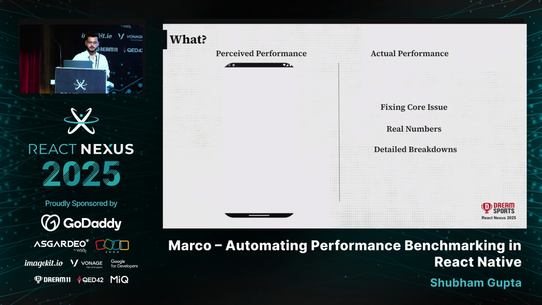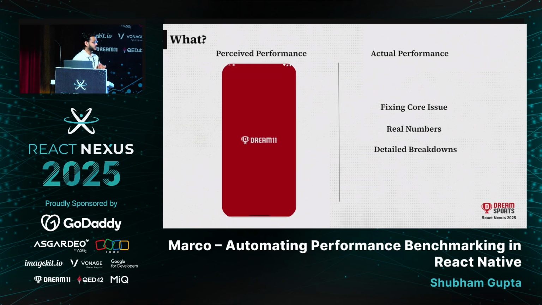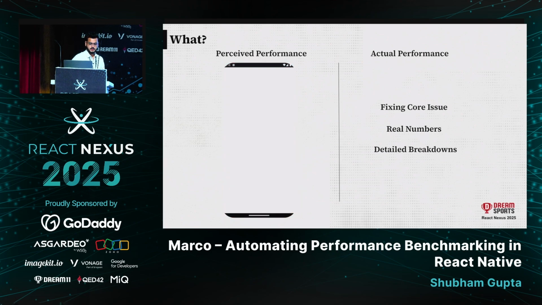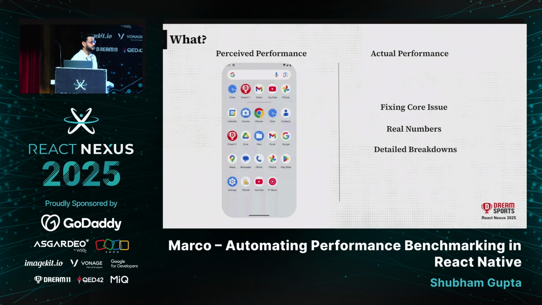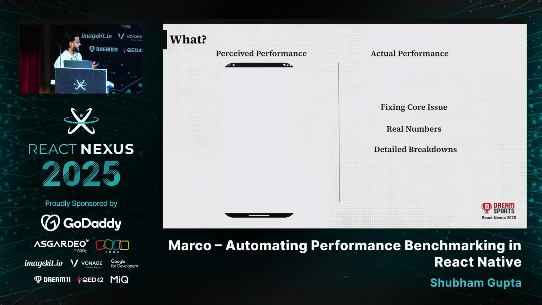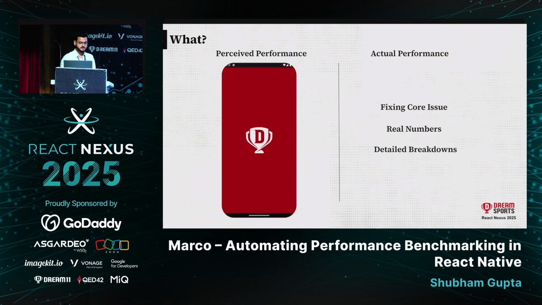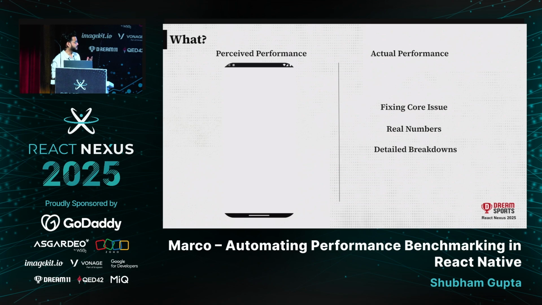While this solution works and solves the UX to some extent, if our app scales, this solution can become a bottleneck in the future. So instead of just solving the problem with some hack, we need to truly focus on actual performance. And for this, we need some numbers, some detailed breakdown to see where the problem exactly is.